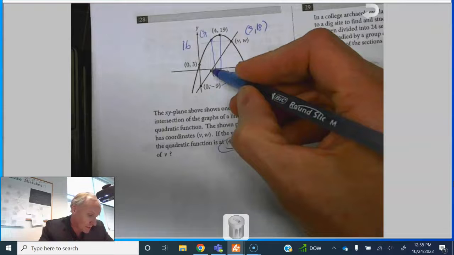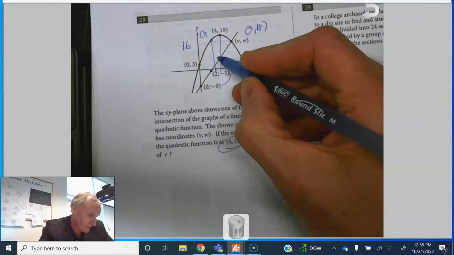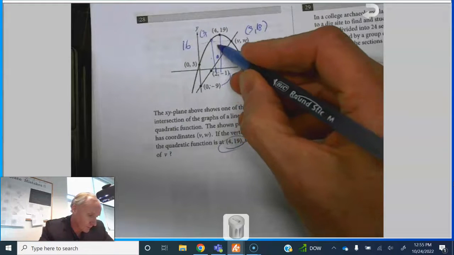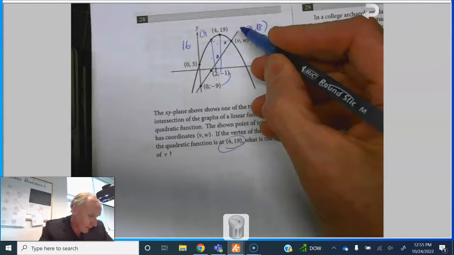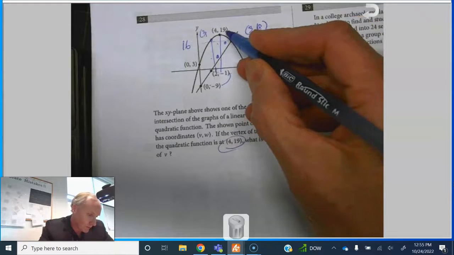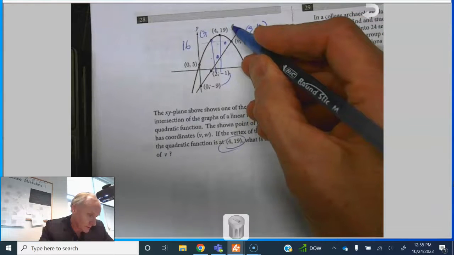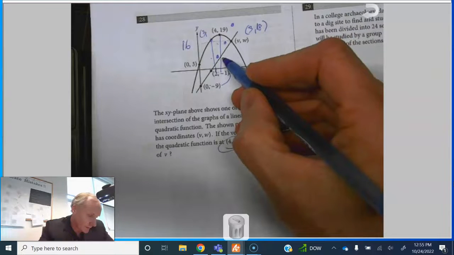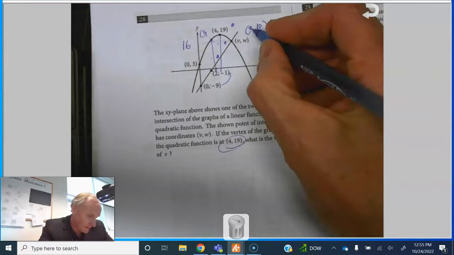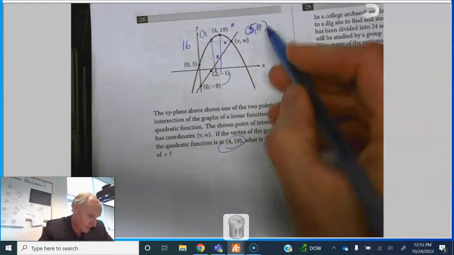Up 4 over 1, up 4 over 1, up 4 and over 1. That one is going to be at 5, 18, duh, 5, 18, is that right? Let's see.